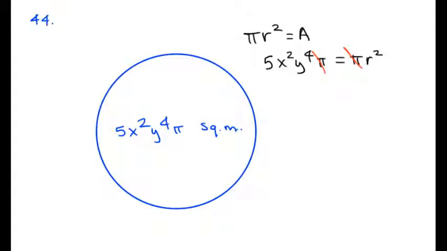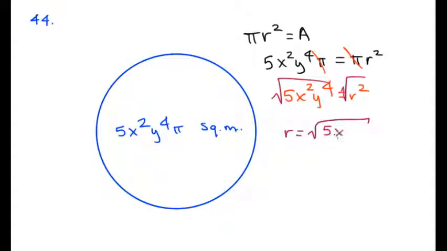Therefore, we are simply left with 5x squared y to the fourth is equal to r squared. Taking the square root of both sides, as shown here, will result in r is equal to the square root of 5x squared y to the fourth.